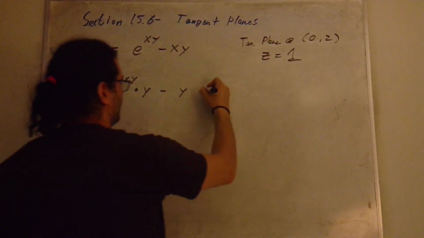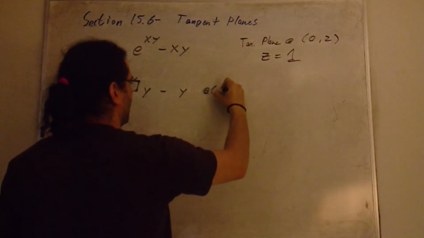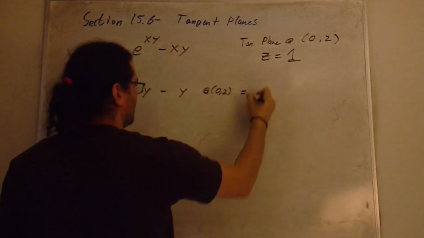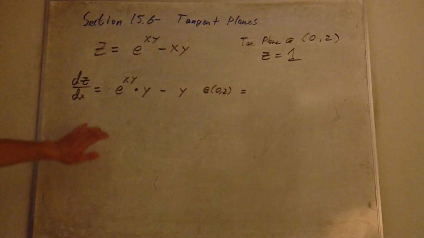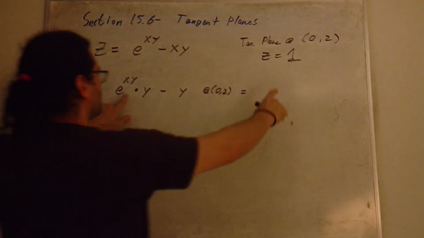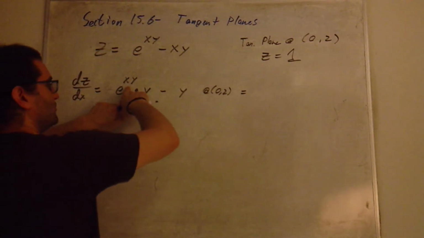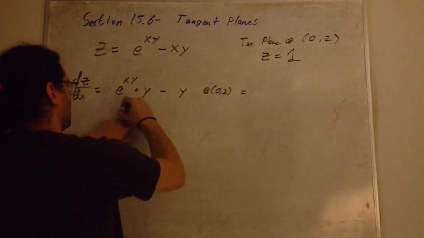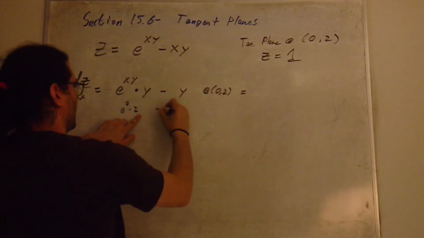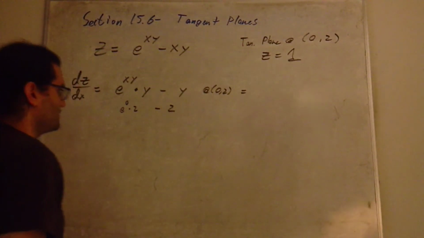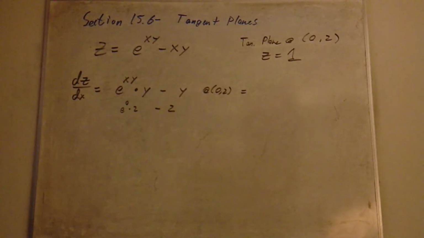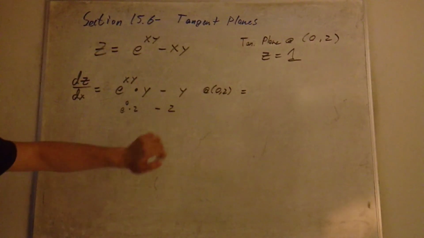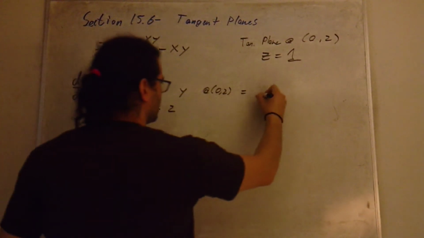Which, if you evaluate at 0, 2, will give us still e to the 0 times 2 minus 2. So I think that should give us 2 minus 2 is 0. Okay.